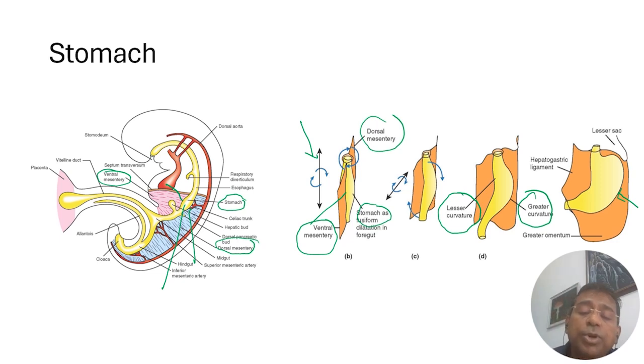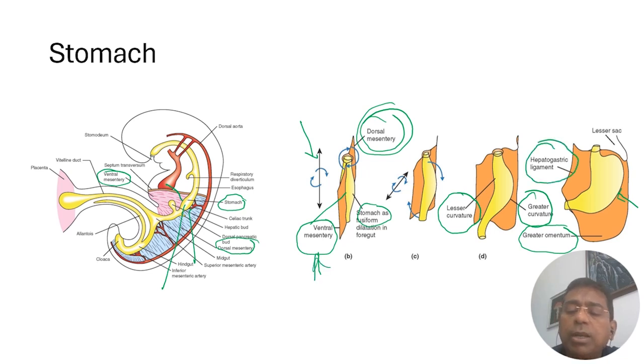Now as this rotation takes place, as the borders and surfaces of the stomach change their position, along with that there will be change in the position of the mesenteries also. So the dorsal mesentery, which was here, becomes greater omentum, and the ventral mesentery will become hepatogastric ligament, or the lesser omentum.